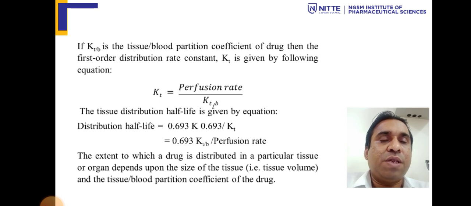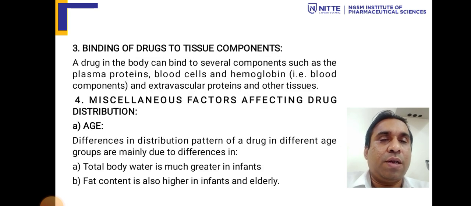Distribution half-life is given by 0.693 over K, which equals 0.693 Kt/b divided by perfusion rate. The extent to which a drug is distributed in a particular tissue or organ depends on the size of the tissue volume and the tissue blood partition coefficient of the drug.